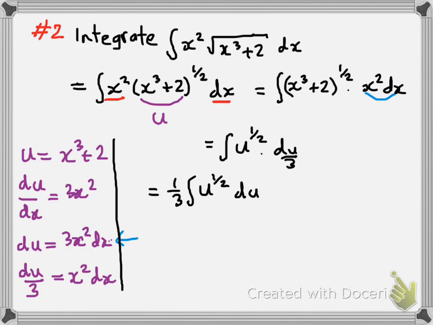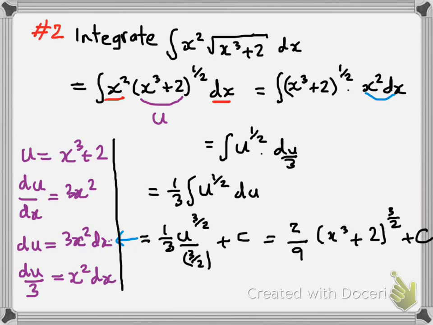That's just a power relationship like we've seen before. So if you take the antiderivative of that, we'll just add 1 to the exponent. So 1/2 plus 1 is 3/2, and we divide by 3/2 plus constant of integration c, which will give us a result of 2 over 9 times (x cubed plus 2) to the power 3/2 plus constant of integration c.